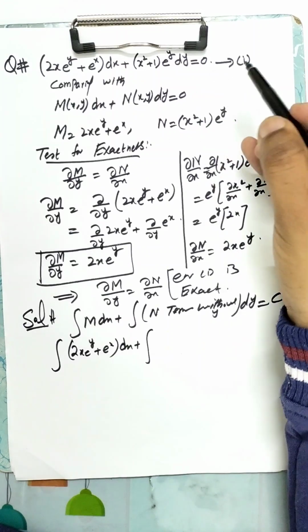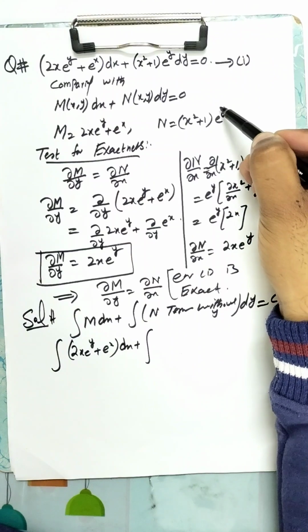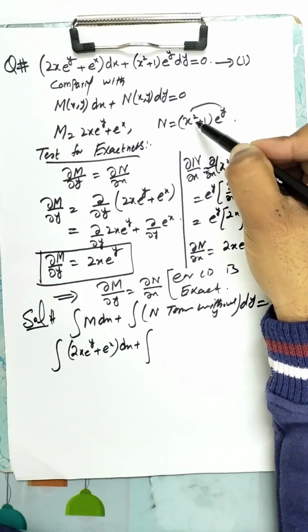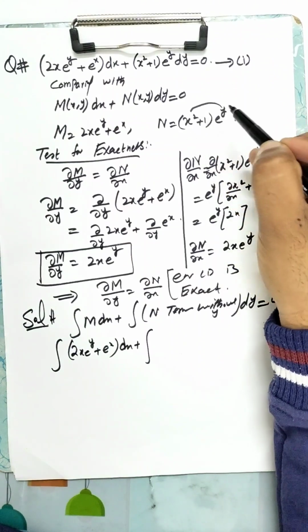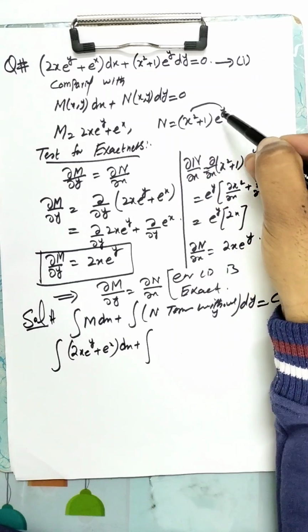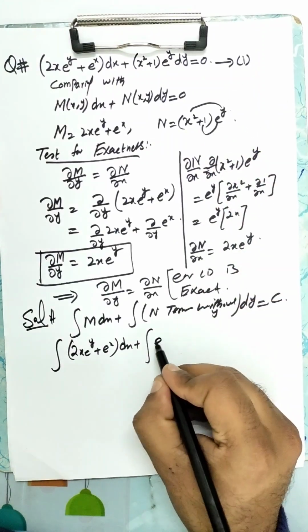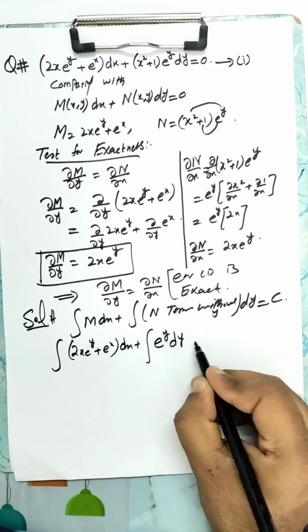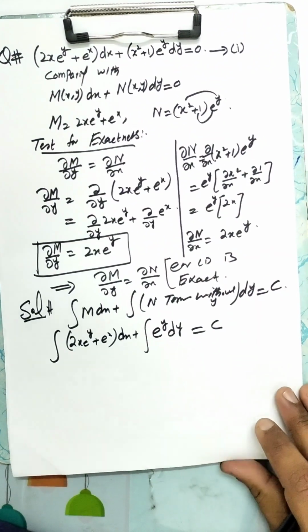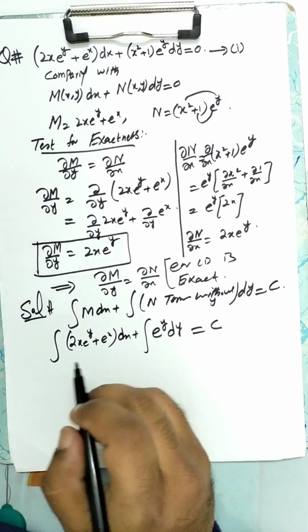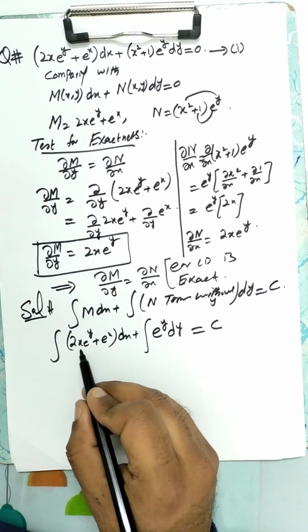If we multiply e raised to power y with x square, this term contains x, so we neglect this term. And if we multiply e raised to power y with 1, so e raised to power y with 1 dy has no term of x. We simply integrate this directly. This is so simple.